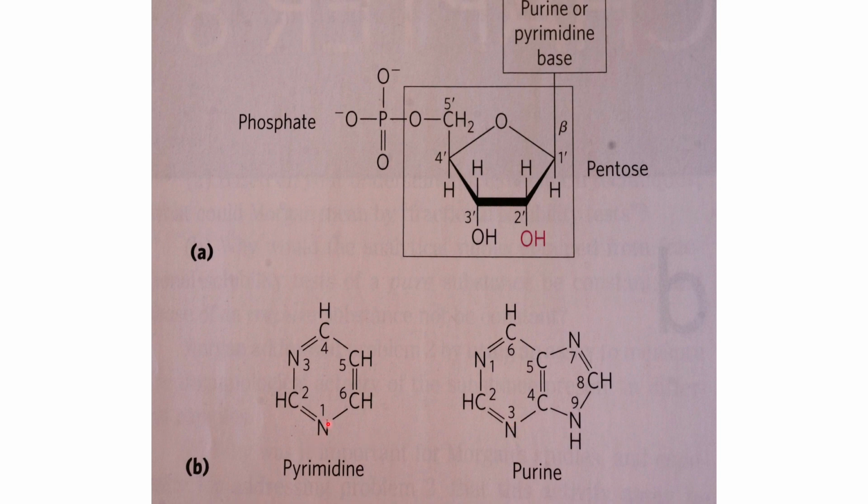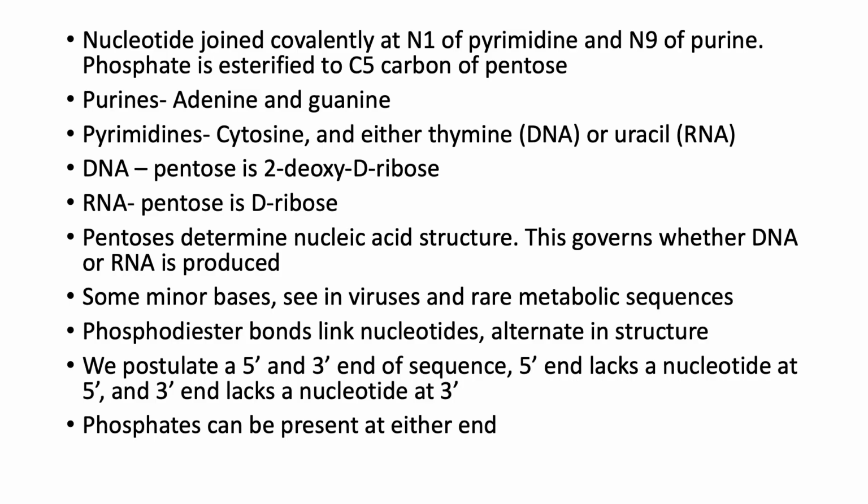And for pyrimidine, it's 1 and 3. The nucleotide is joined covalently at N1 of pyrimidine and at N9 of the purine. These are the connecting points. And the phosphate is esterified to the C5 carbon of the pentose.